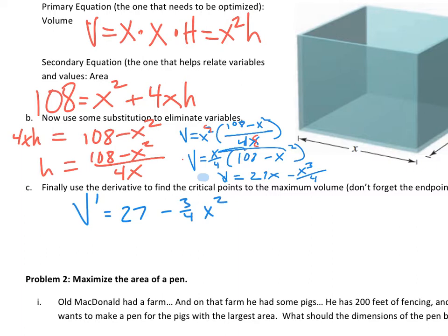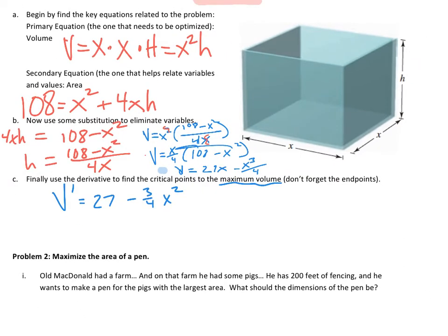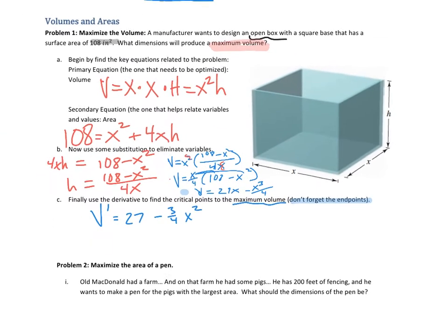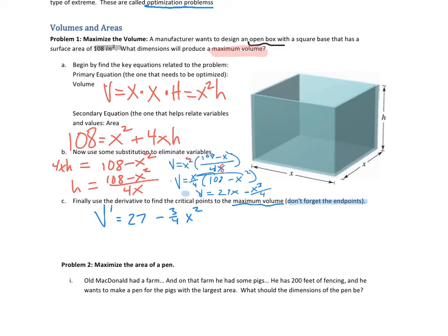Okay, where do we find maximums? That's critical values. Remember that? So critical values, and also we want to remember this. Let's note this. Don't forget the endpoints. What are the endpoints here? Well, what is the smallest and the largest, in this case, x could be? We could have a super skinny box where x is 0.